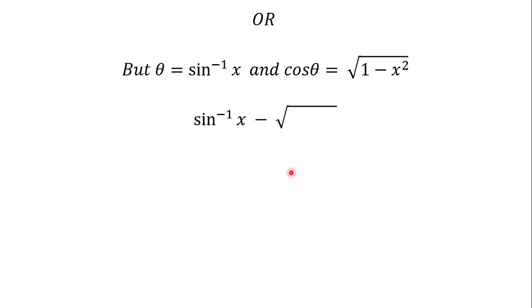Going back to the x world, we know that theta is equal to sine inverse of x and cos theta is equal to square root of 1 minus x squared. Now that we have these two, let's write our expression. Good, so you're going to have sine inverse of x minus square root of 1 minus x squared.